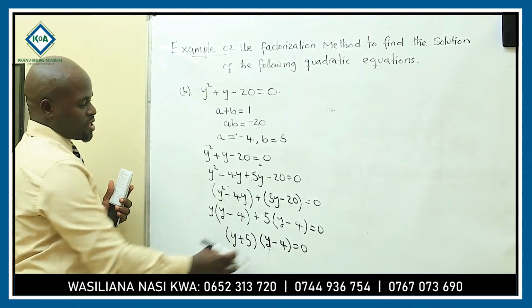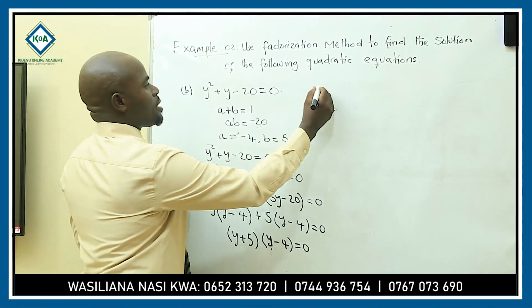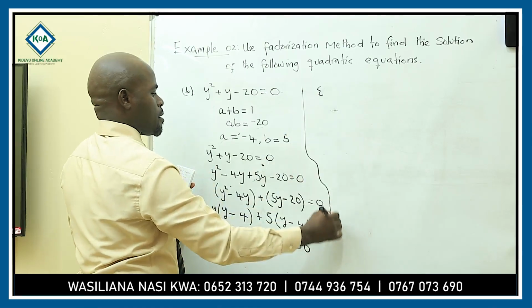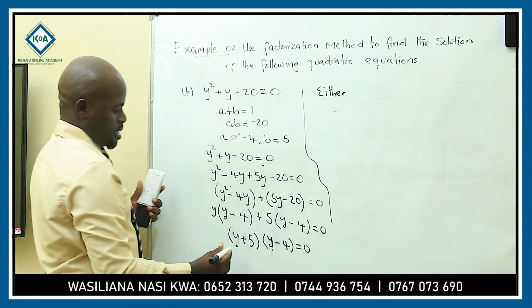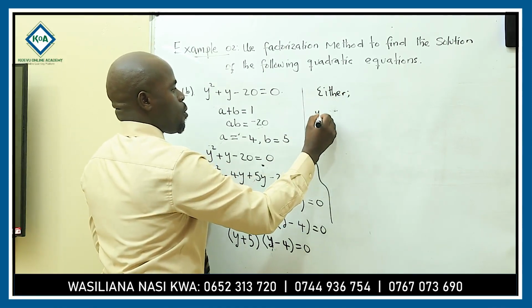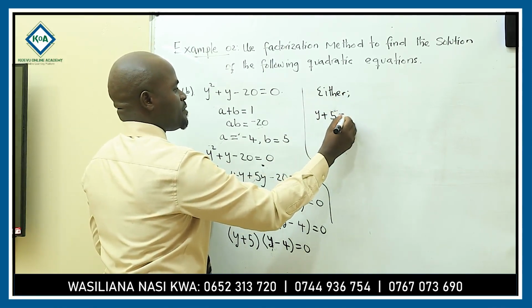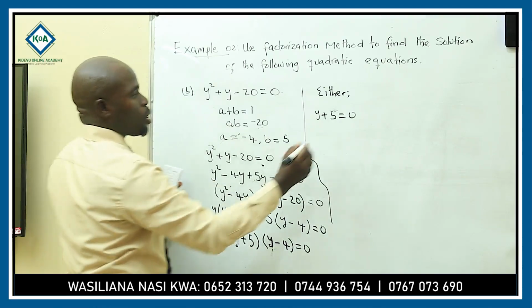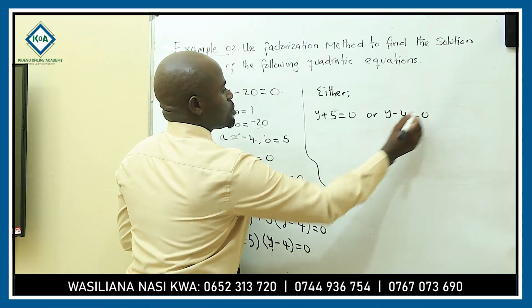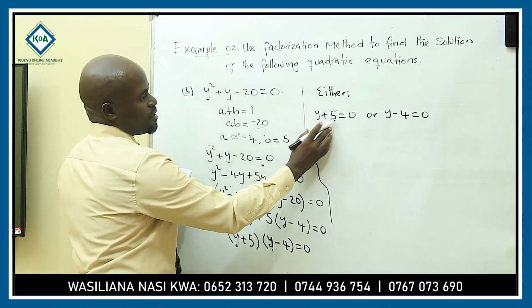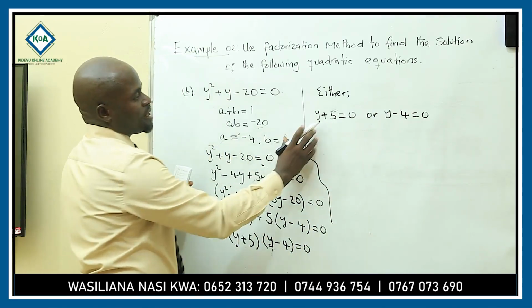Now, after reaching this step, say either y plus 5 is equal to 0 or y minus 4 is equal to 0. So in y plus 5 is equal to 0, we find the value of y.